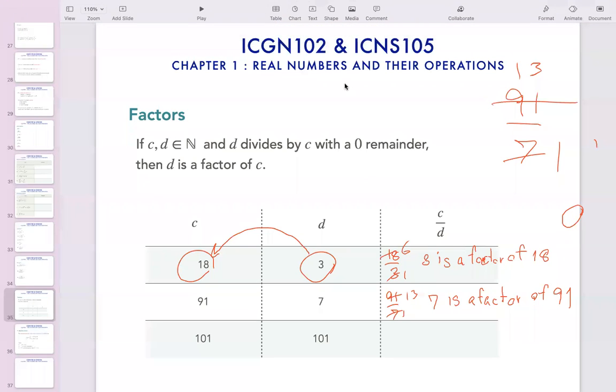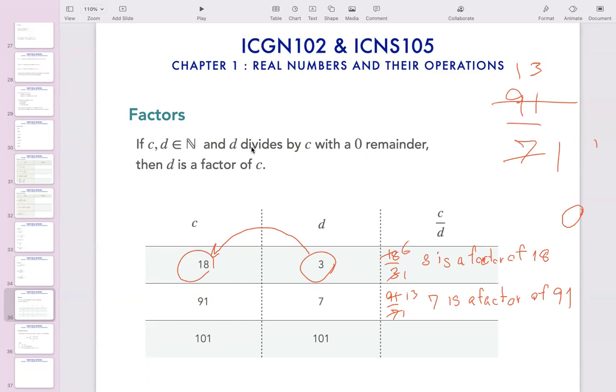Okay, so what about the last one? Let me ask someone, Anya. Is 101 a factor of 101 or not? Anya, where is Anya? Oh, she went to the bathroom.